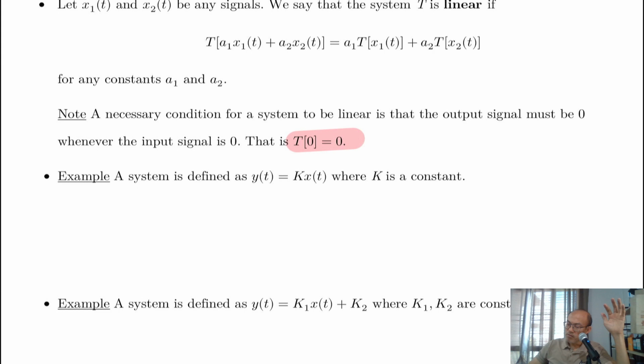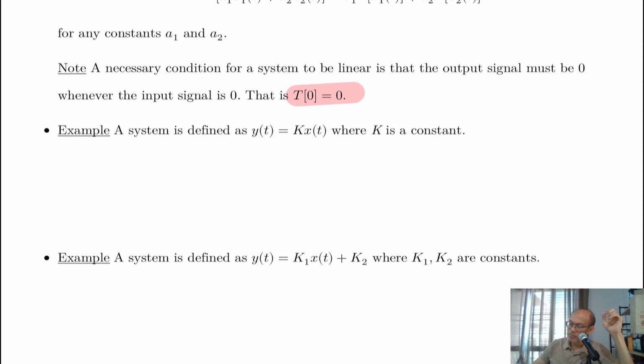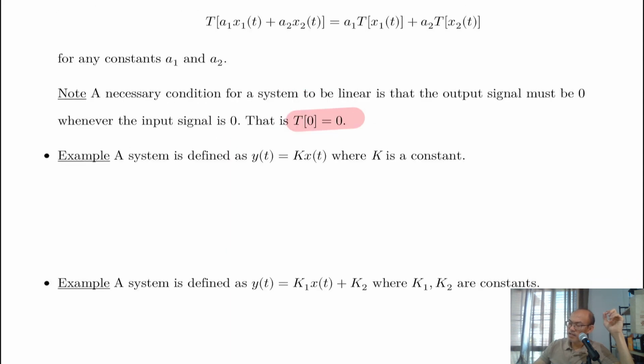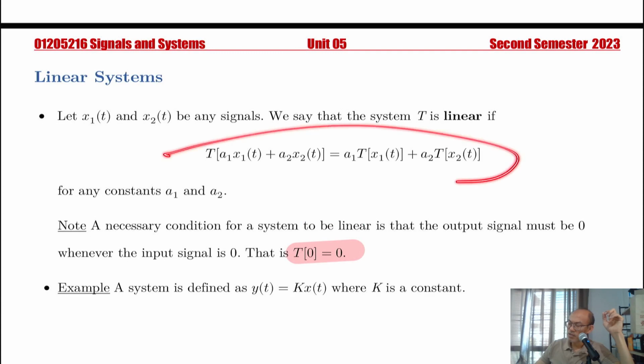Now, the first example: a system is defined as y equal to kx. Is this system linear? Let's do it. To prove that it is linear, we have to prove this equation, whether it is true.